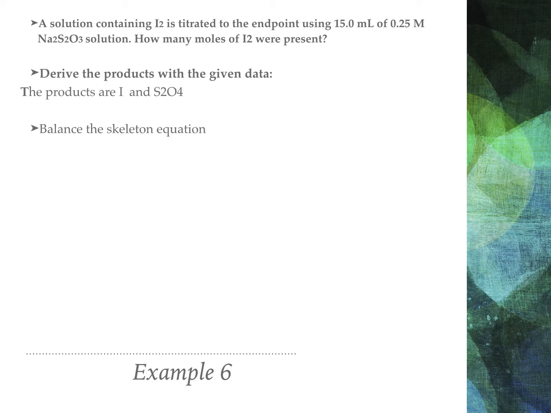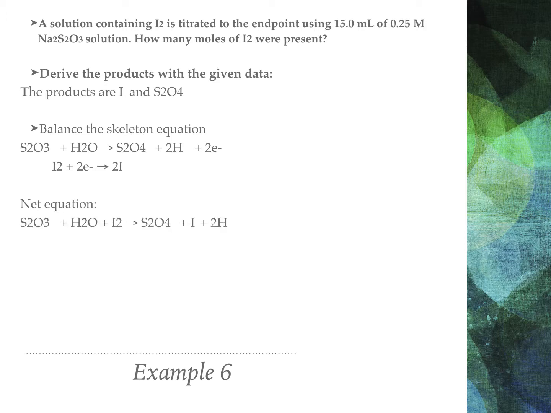We can balance the skeleton equation with S2O3 plus H2O, giving us S2O4 plus 2 hydrogen ions plus 2 electrons. We also have I2 plus 2 electrons, giving us 2 iodide ions. We can then derive the following net equation. The molar ratio of I2 to S2O3 is 1-to-1.